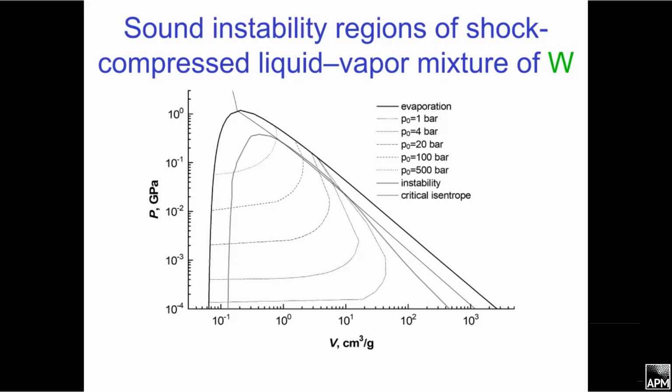So if the two-phase mixture has an initial state inside this boundary, the shock wave will be neutrally stable, but sound instability will take place here.